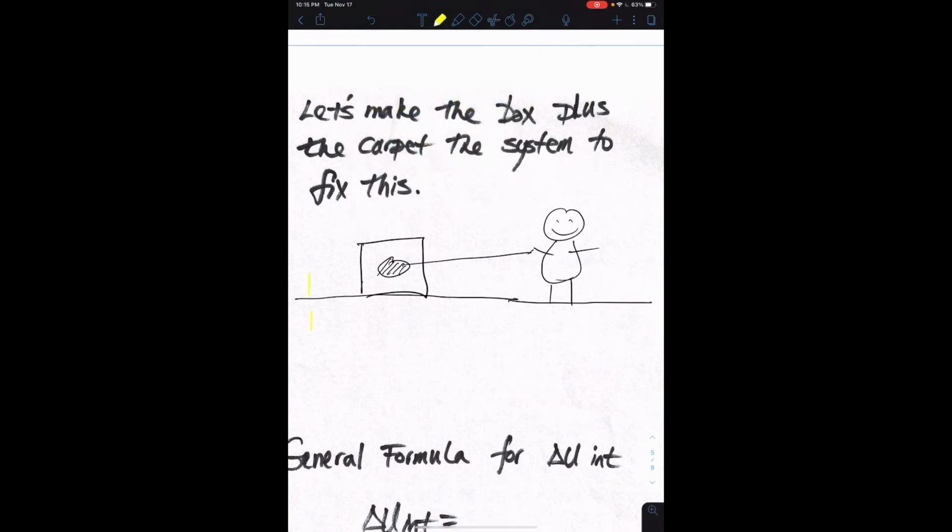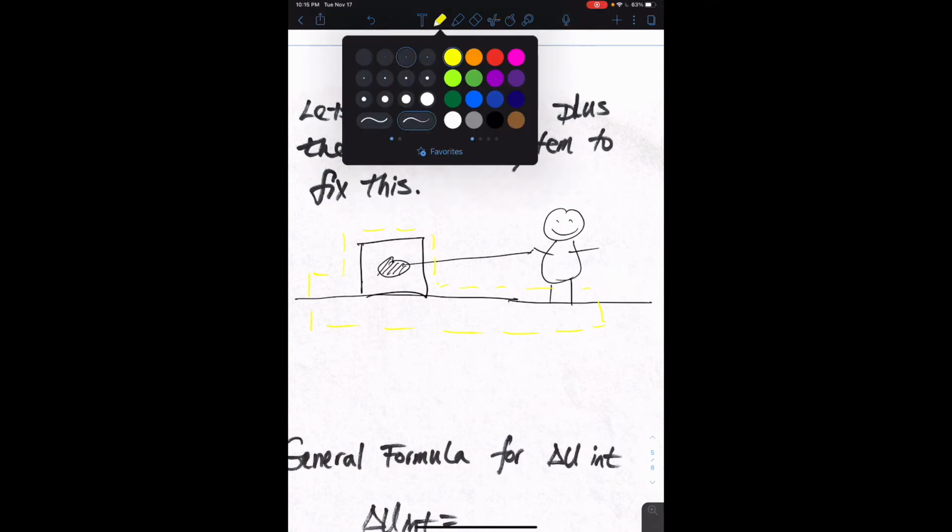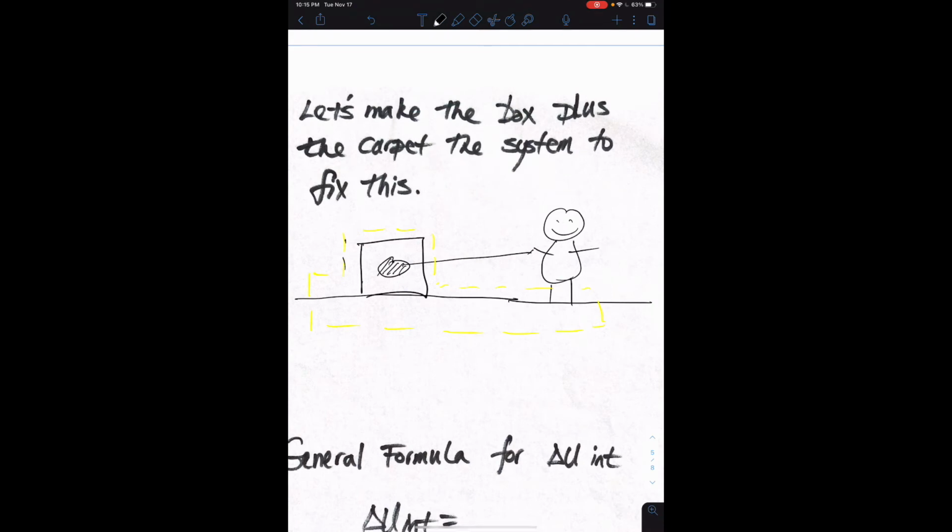So I'm saying the system, I'm going to try to not include the person. And the reason why I'm doing that is because the rope is going to stay external. The rope is an external force. So let me put a little black in there so you can see my yellow highlighting better.